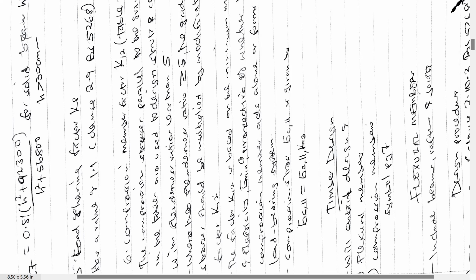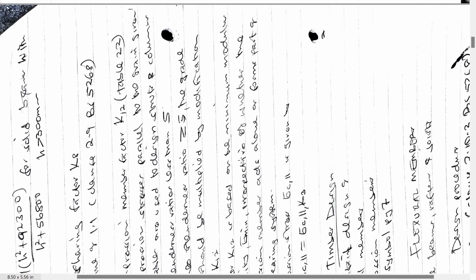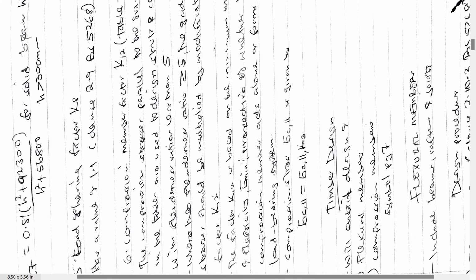So the factor K12 is based on the minimum modulus of elasticity. So it means when I'm calculating K12, I use E minimum, meaning E small value, not E mean, meaning average.